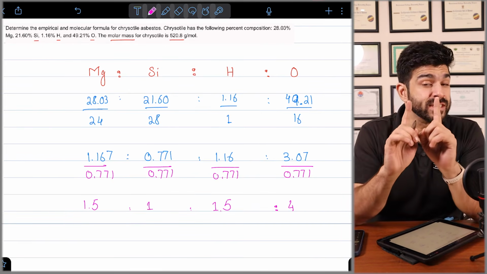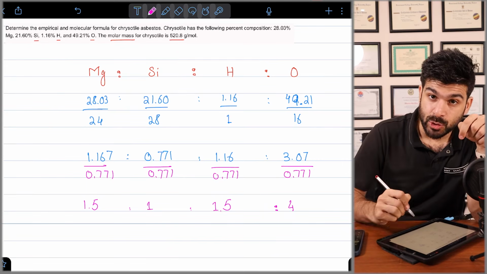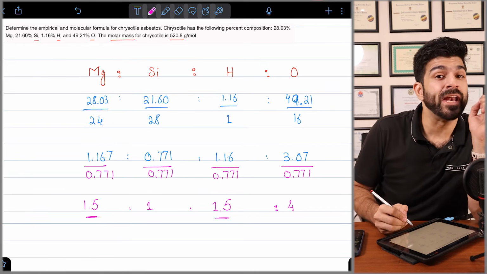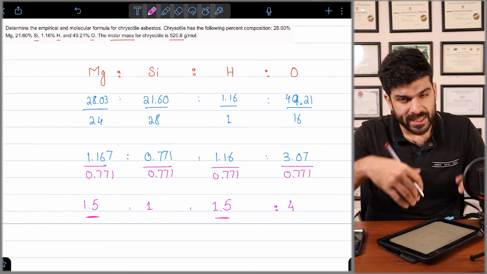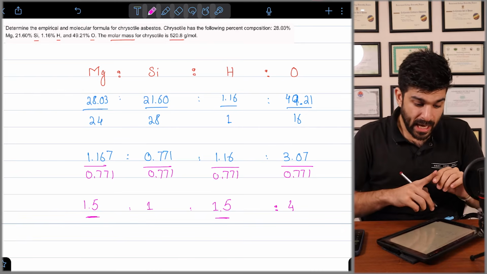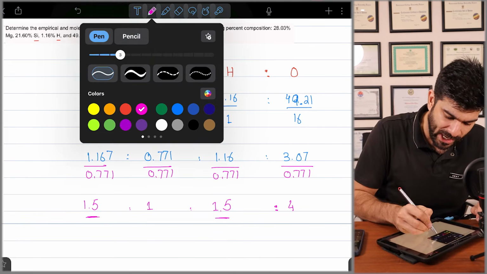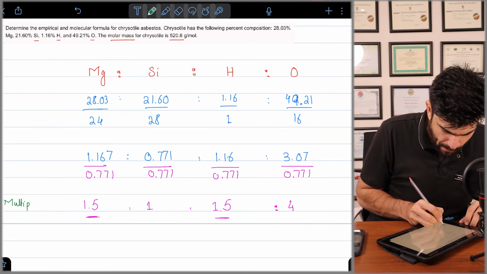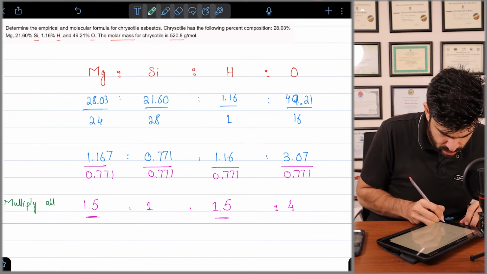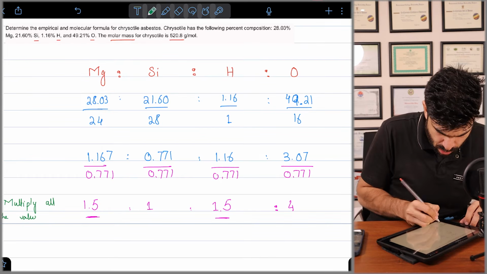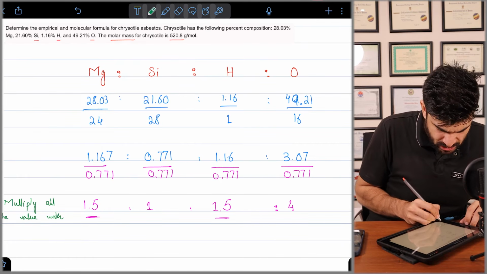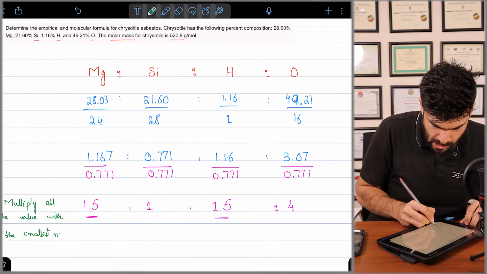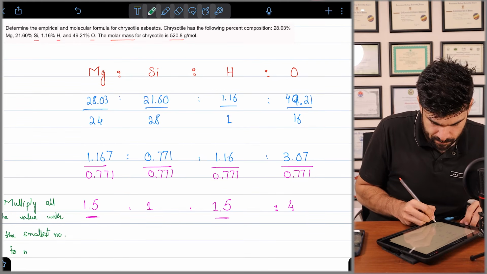Now, I have done this step, but there is another issue here. These two values are not whole numbers. This is a very important step. In the earlier questions, we got whole number values. Here, we are going to multiply all the values to make them whole again.